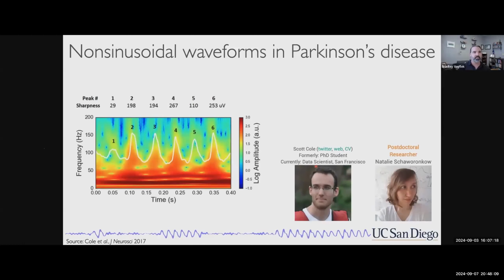So this is a paper from former grad student Scott Cole in my research group, later led by former postdoc Natalie Schaworonkow and now Andrew Bender in my lab, looking at non-sinusoidal waveforms. One of the first approaches we started taking in my group was saying, okay, you look at data and you can see that oscillations exist.